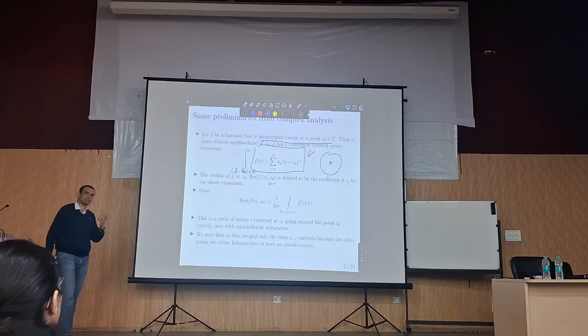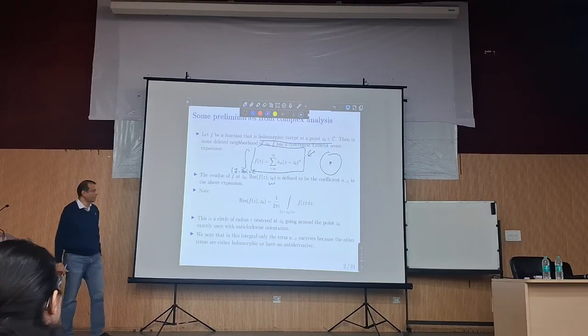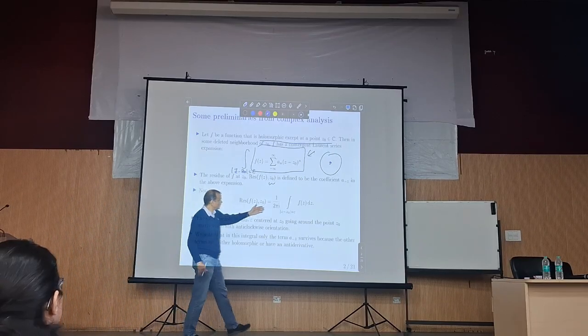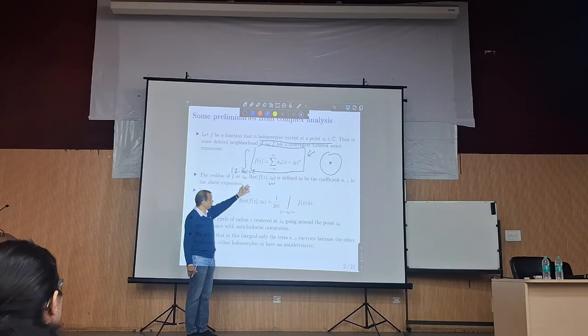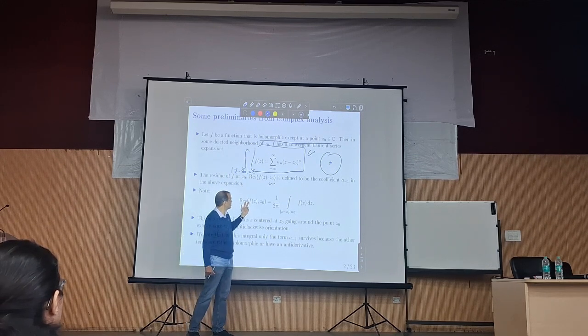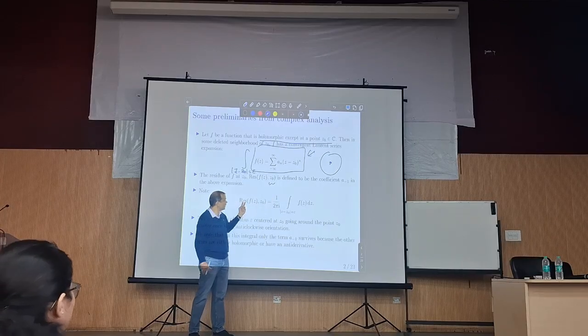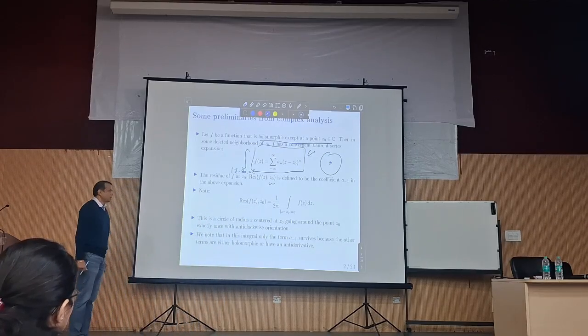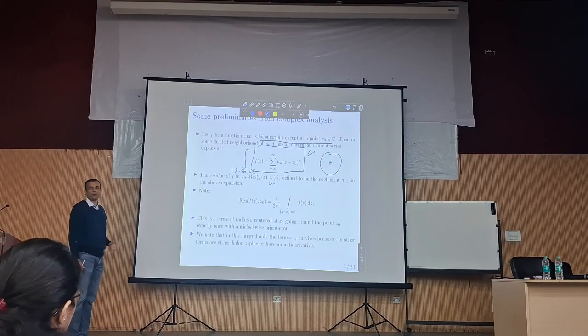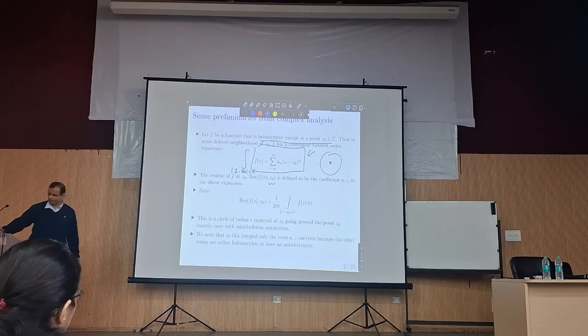The basic idea behind contour integration is that you want to integrate something, but that integration you can relate to the coefficient of the Laurent series expansion, specifically the coefficient a minus 1. So this residue is a minus 1, and this is what I'm going to exploit.